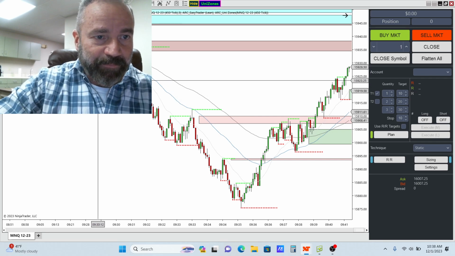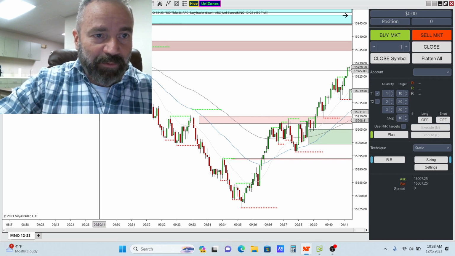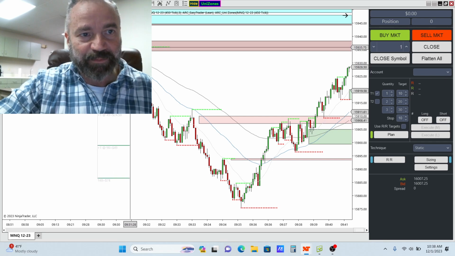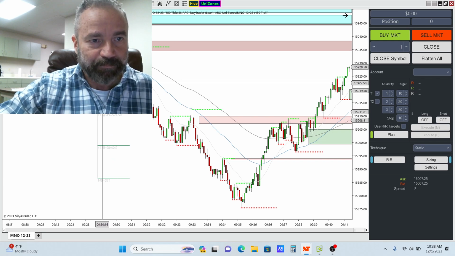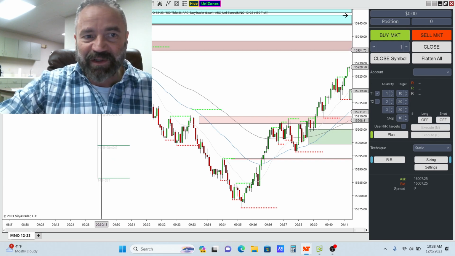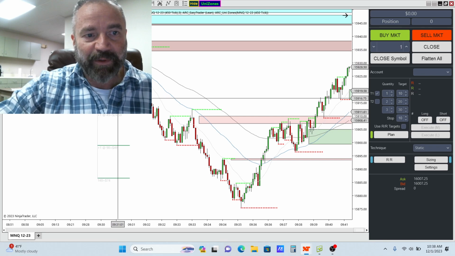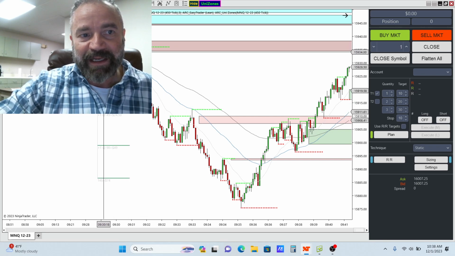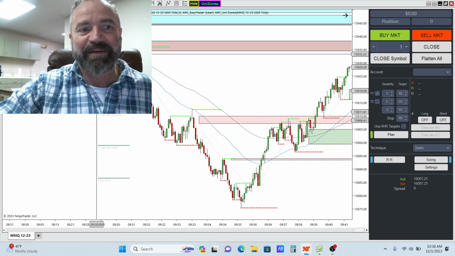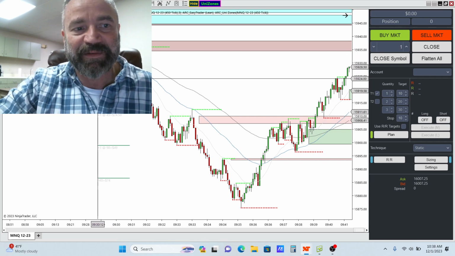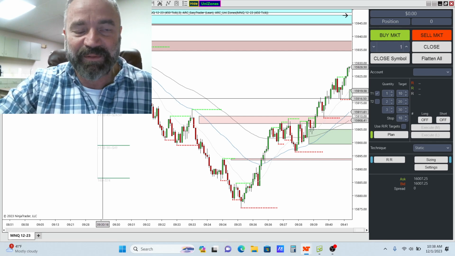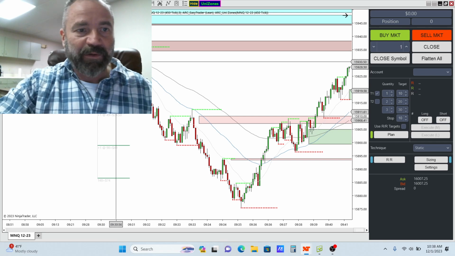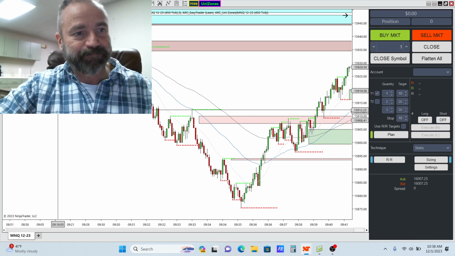Right here, I always set my stop loss above the last swing, about a tick or two, and that's just a long ways away. It eventually did go, but it would have stopped me out. You see here, anytime there's a big bar like that, I try to stay away, just because they usually retrace and go the opposite way. So that is a trade I would have stayed away from.